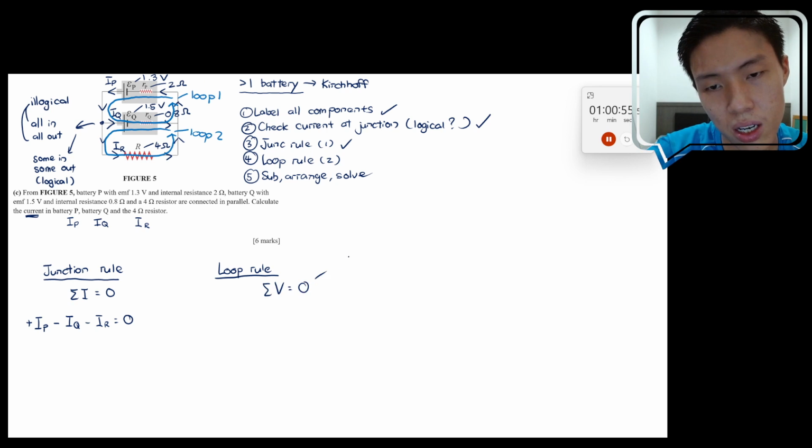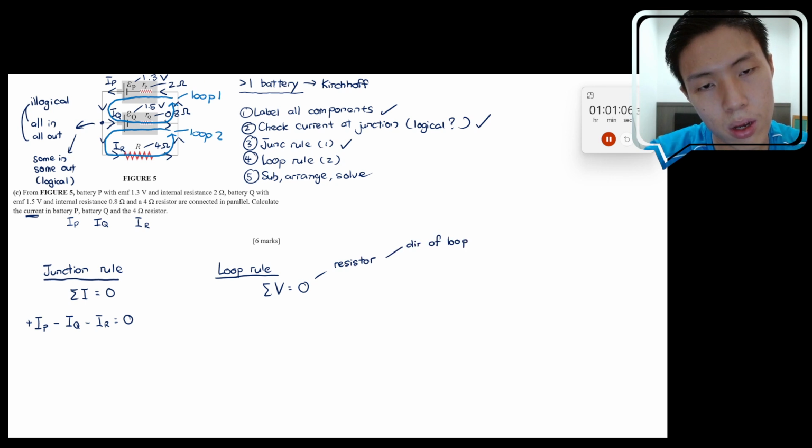If it's a resistor, if your direction of loop follows current, that's a normal way of flowing. So normal, you lose energy.